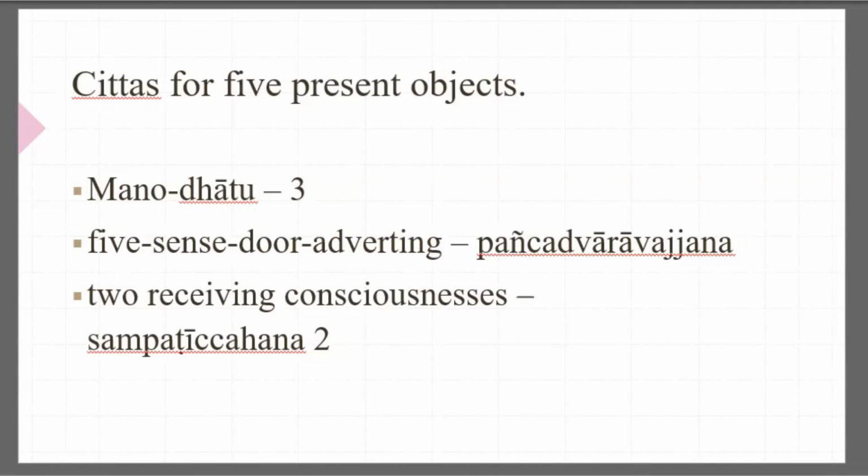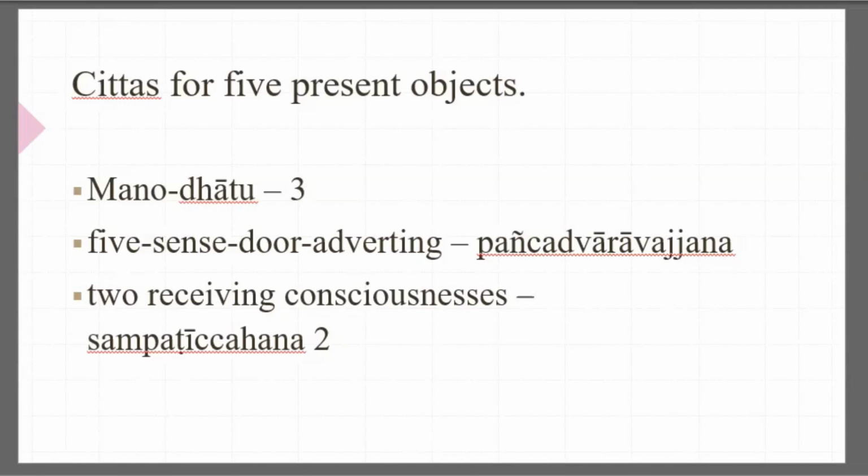Therefore, those 3 Cittas, please try to memorize this term also. We name these Cittas Manodhatu. 3 Manodhatu. What are they? Panchadvara Vajjana and 2 Sampatichana. 5 sense adverting consciousness and 2 receiving consciousness are termed Manodhatu.